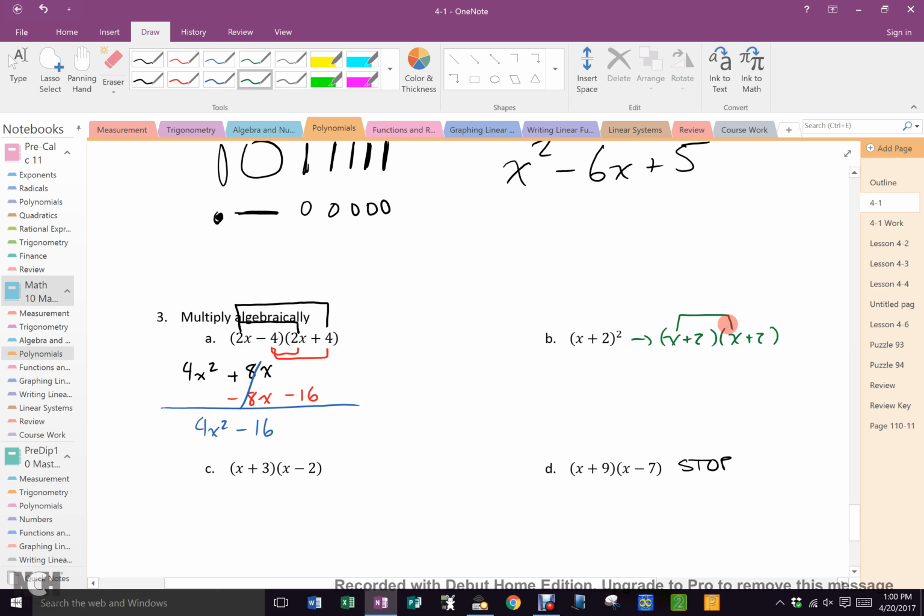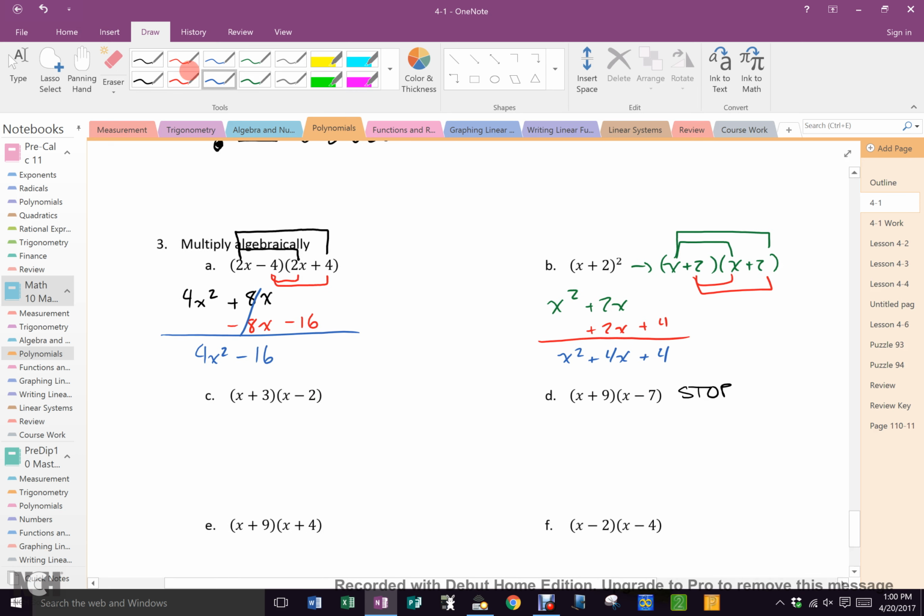So first, what's x times x? X squared. Outside, what's x times 2? Plus 2x. Inside, what's 2 times x? Plus 2x. Last, what's 2 times 2? What do I get? X squared plus 4x plus 4. Everybody cool?